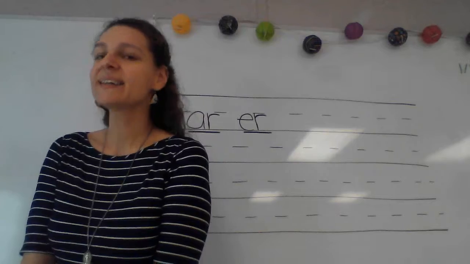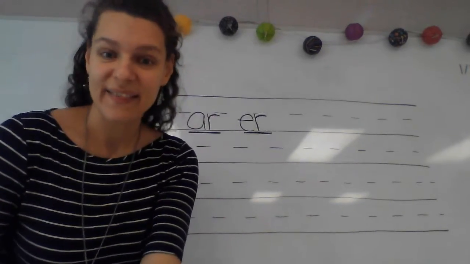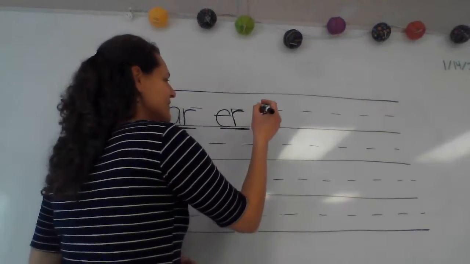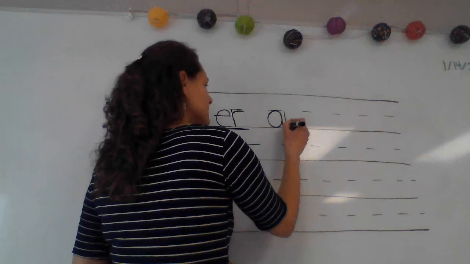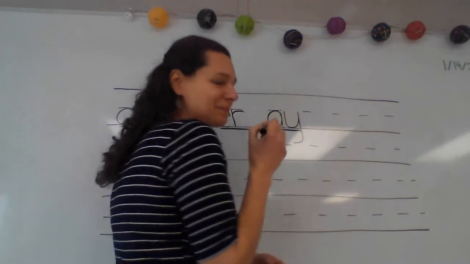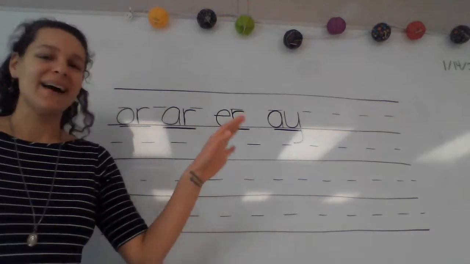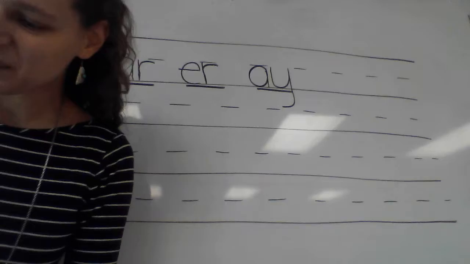What is it? Good. This is our 2-letter A. All right, so if you didn't have that, write it 3 times and say it while you write it.